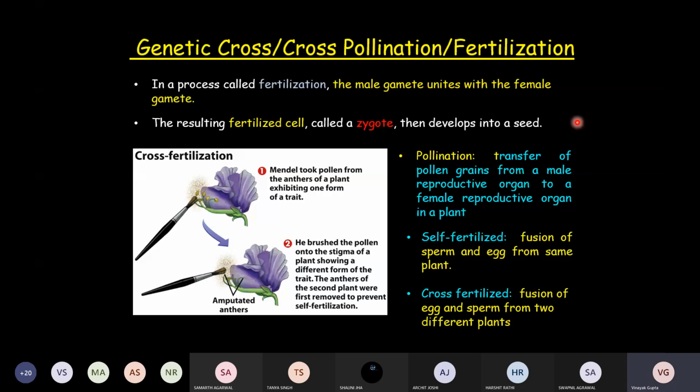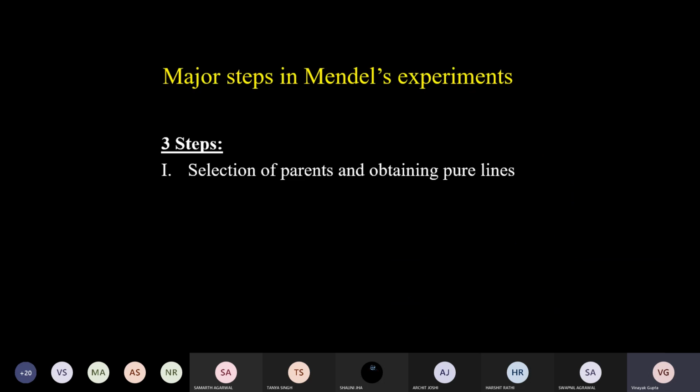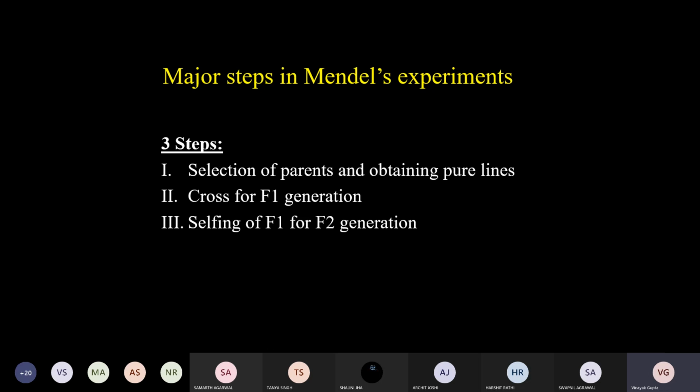Okay, if there is no other doubt, let's move. So these are the three major steps in Mendel's experiments. First one is selection of parents. What kind of parents did he select? Something is special about those plants. The characteristic of those plants is that they are pure lines.